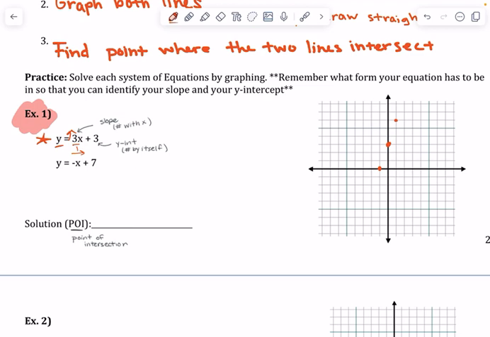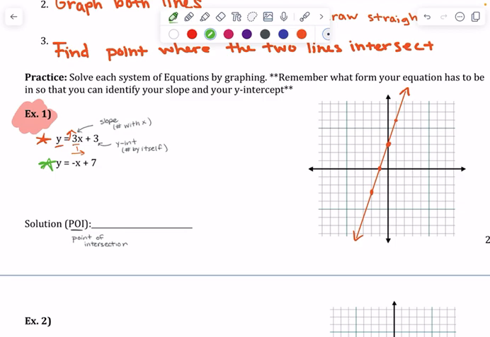The more points you can plot, the better, since we are looking for an exact spot where these two equations are going to intersect. And then you guys can go ahead and graph the second line.